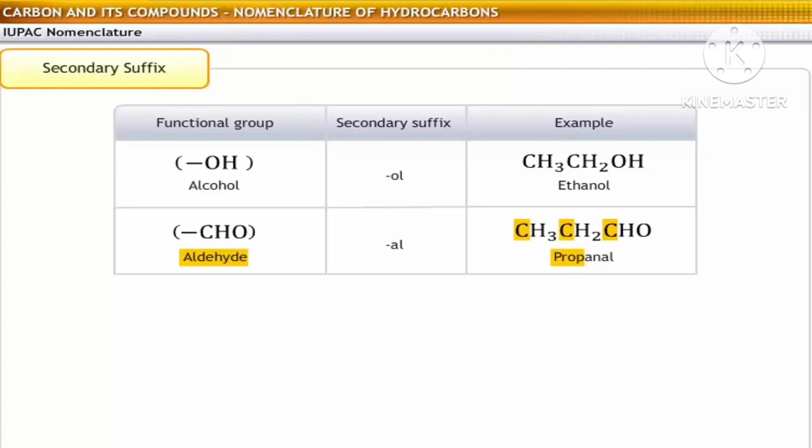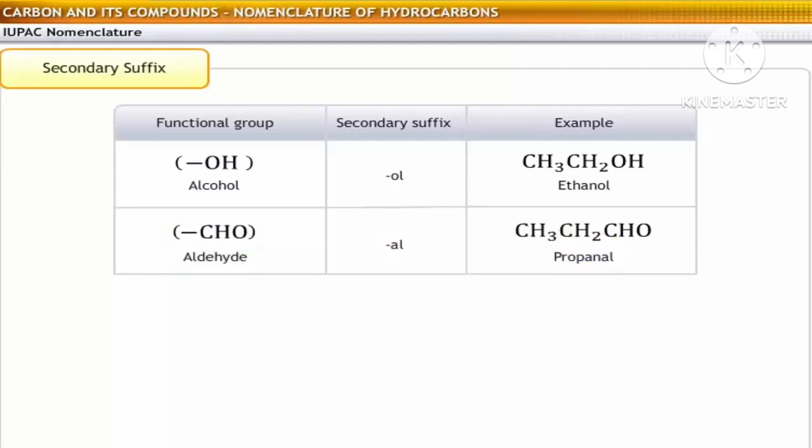The aldehyde molecule is saturated, so the primary suffix should be ane. However, the molecule contains a functional group, CHO, so a secondary suffix needs to be included in the name. Remove the e from alkane and add the suffix -al. Therefore, the IUPAC name of the given molecule is propanal.